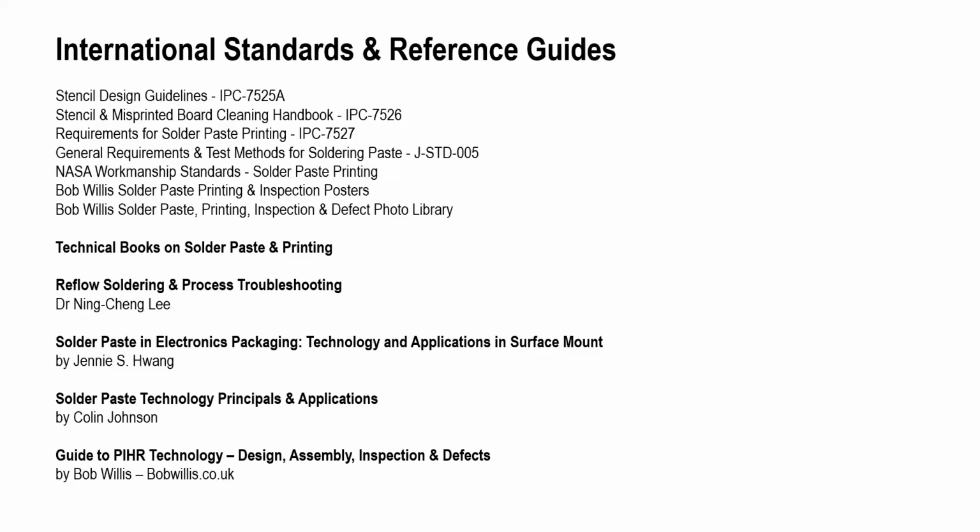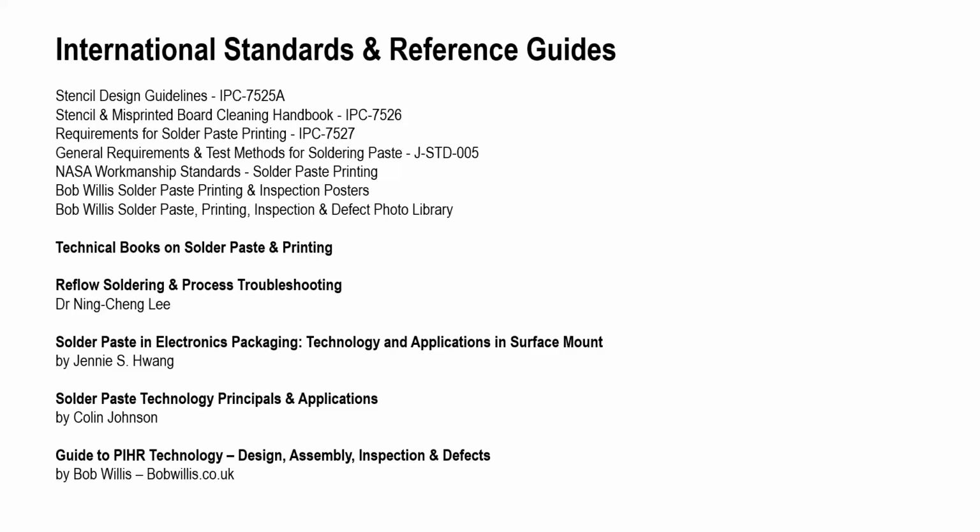So let's just talk about standards for a moment. I've listed here all of the IPC standards, and I've also mentioned the NASA workmanship standard. There is a section on solder paste printing and jetting technology, well, dispensing technology really.